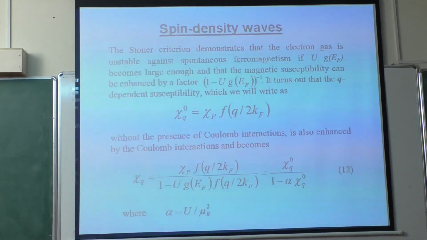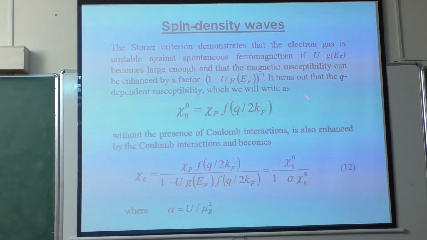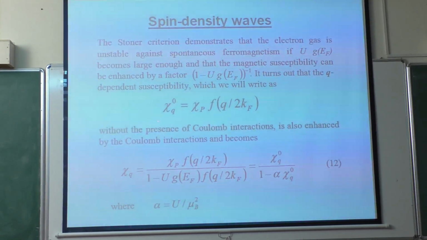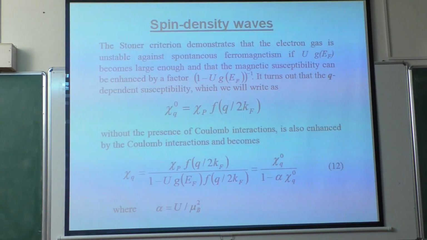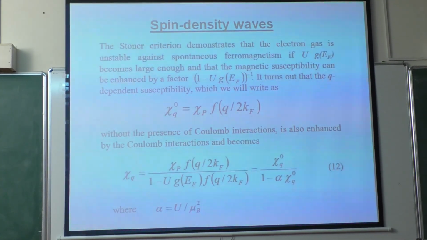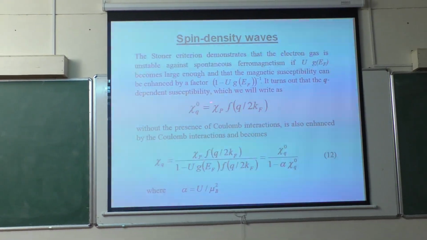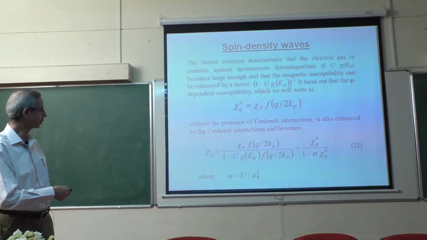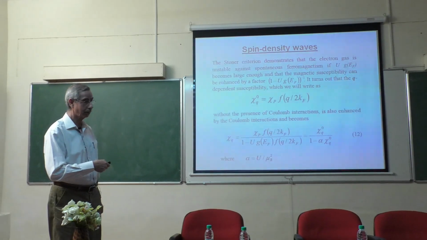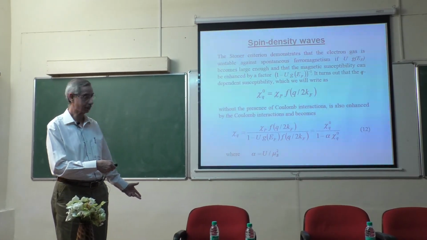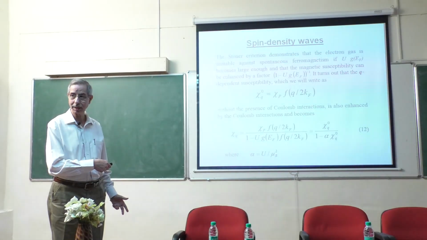Okay? So the first thing we do is write the Q dependent susceptibility in the absence of Coulomb interactions. Then it is simply written as the Pauli spin paramagnetic susceptibility times a factor which is dimensionless, obviously. It has to be dimensionless. So it is Q by twice Kf.